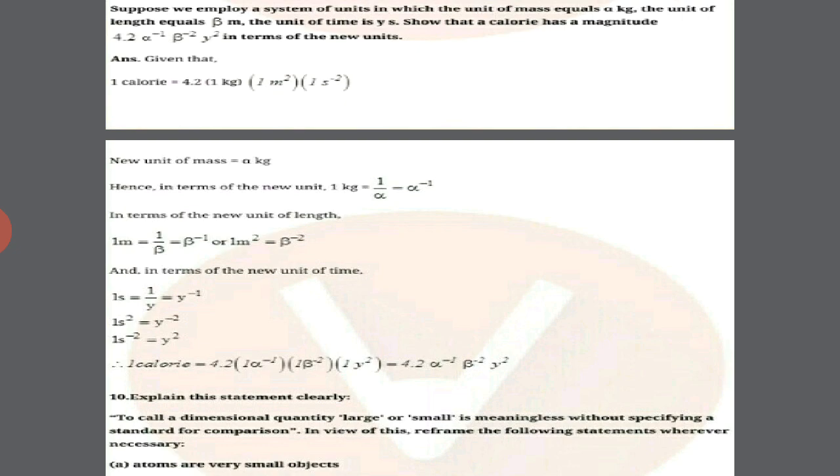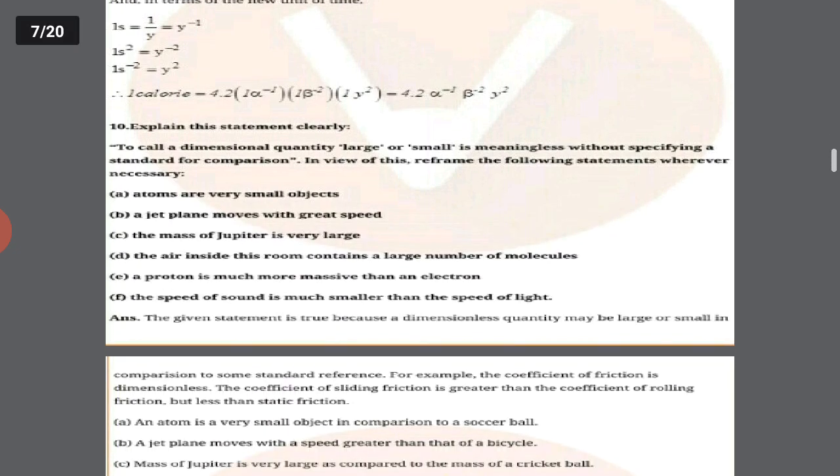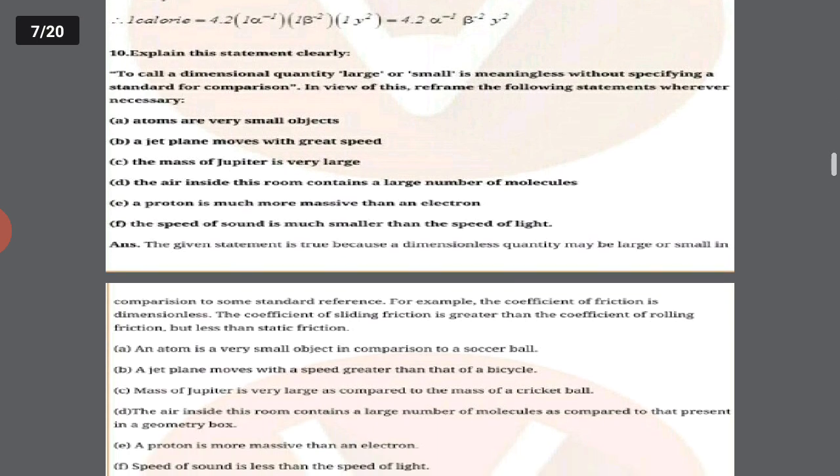Next question. To call a dimensional quantity large or small is meaningless without specifying a standard for comparison. In view of this, reframe the following statements wherever necessary. Atoms are very small objects.